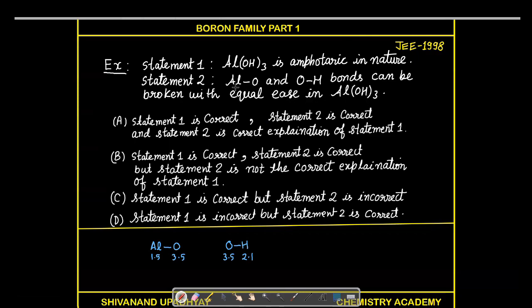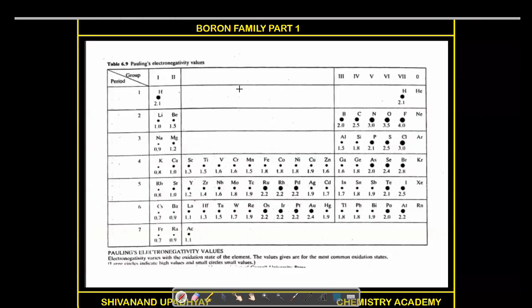For equal ease, the electronegativity differences between aluminium and oxygen, and oxygen and hydrogen, should be the same. If we see the data, the Pauling electronegativity of aluminium is 1.5, oxygen is 3.5, and hydrogen is 2.1.